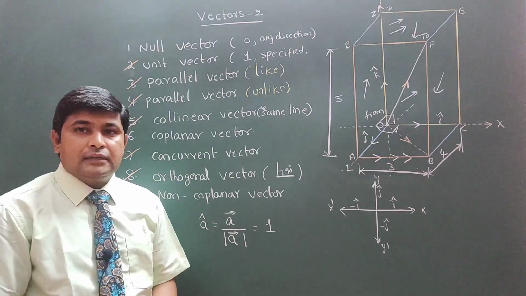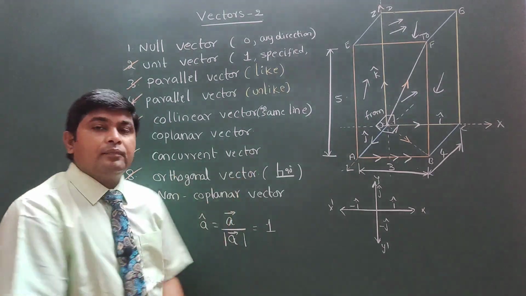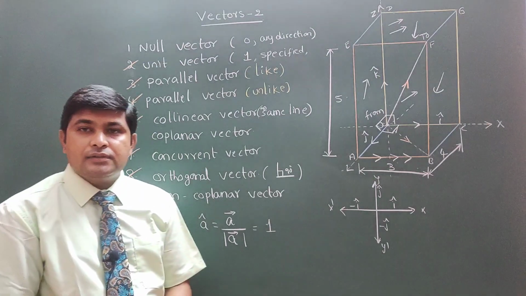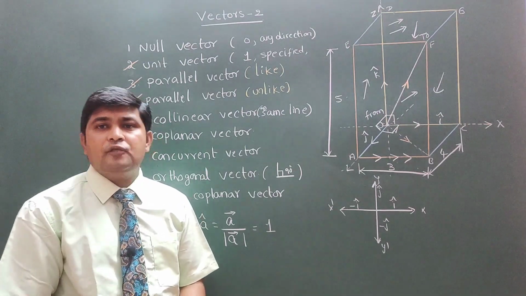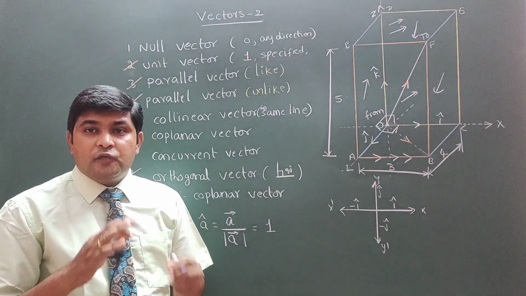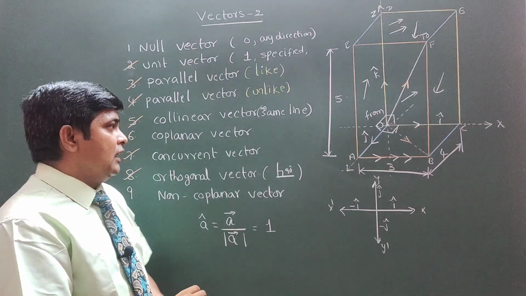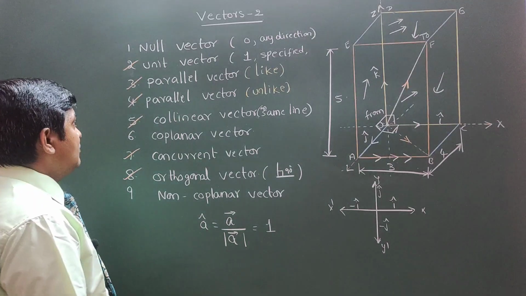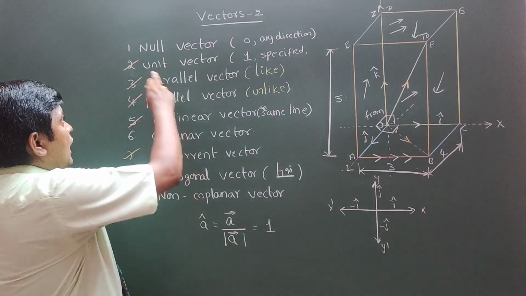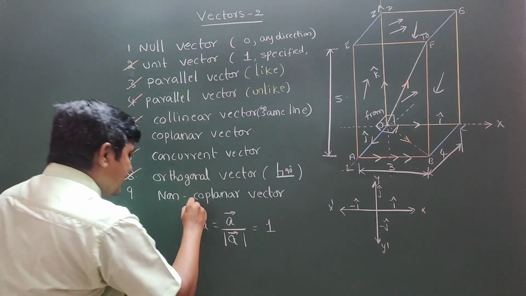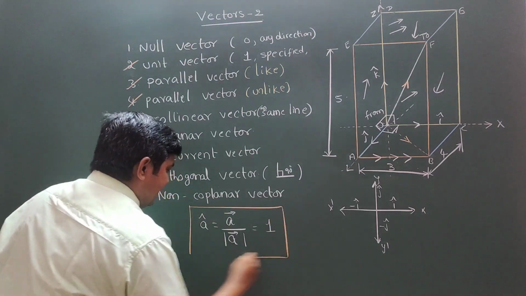We will have to know that. And what is the condition to say it is a concurrent vector? These are needed for understanding physical quantities whenever we discuss them in physics. Now I am going to show you how to get the unit vector by satisfying this condition.